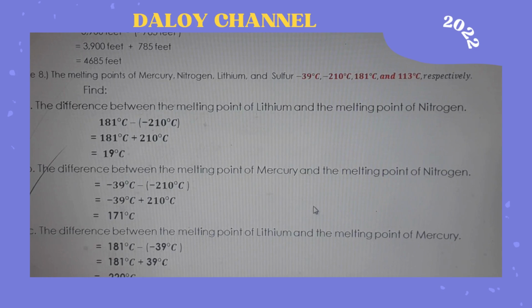So the melting point of lithium is equivalent to 181 degrees. That is to be subtracted by negative 210 degrees Celsius. So the statement now becomes 181 degrees Celsius minus negative 210 degrees Celsius.